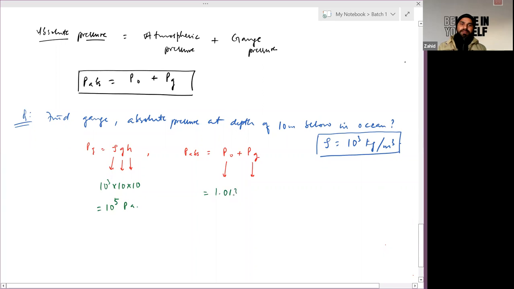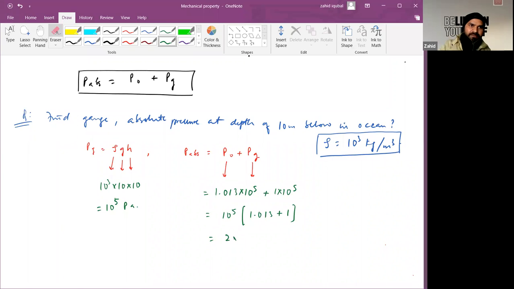Atmospheric pressure is 1.013 into 10 to the power 5 Pascal, and gauge pressure is 1 into 10 to the power 5. Take out 10 to the power 5 as common, so you are left with 1.013 plus 1. In total, it will be 2.013 into 10 to the power 5 Pascal.